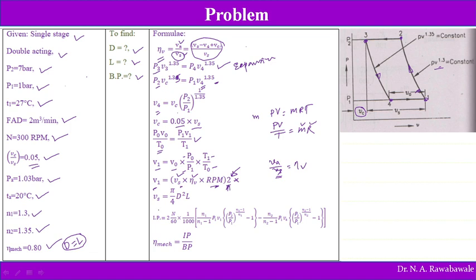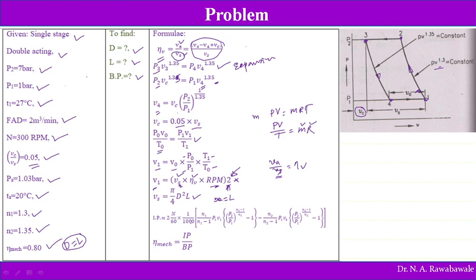Then Vs, stroke volume, is equal to π/4 d² L. From this, indicated power is calculated.